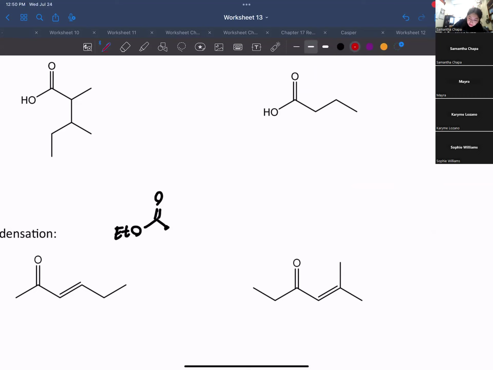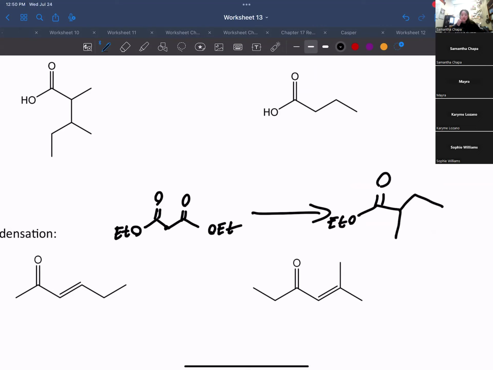I can give you a synthesis problem like this, which has an ester. Let's do this and this and this. And so how many alkyl halides am I going to be using for this reaction? How many of them?